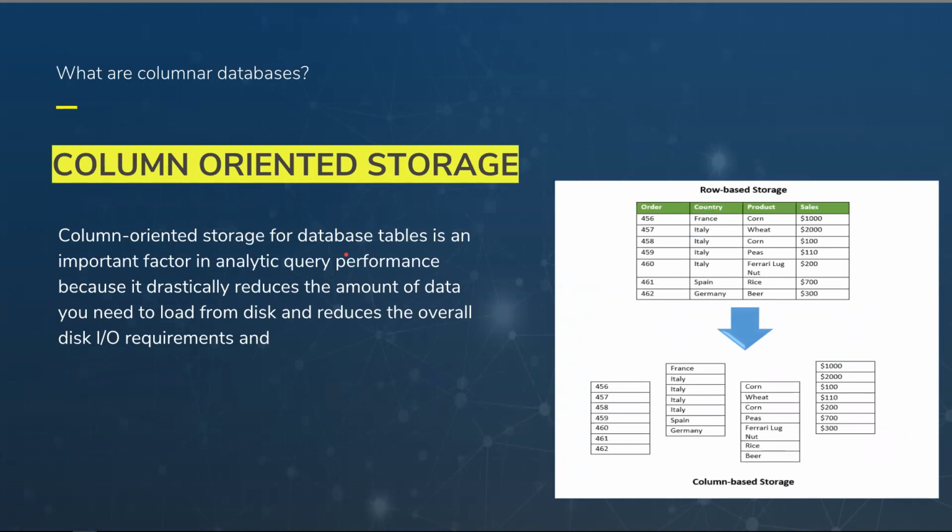Column-oriented storage for database table is an important factor in analytical query performance because it drastically reduces the amount of data that we need to load from disk and reduces the overall disk I/O requirements. Let's see the picture on the right. On the top, we have a row-based storage, and below we have a column-based storage.